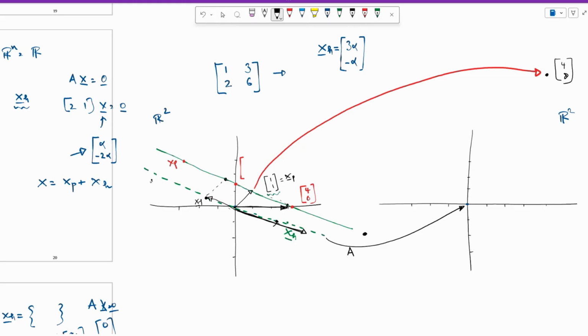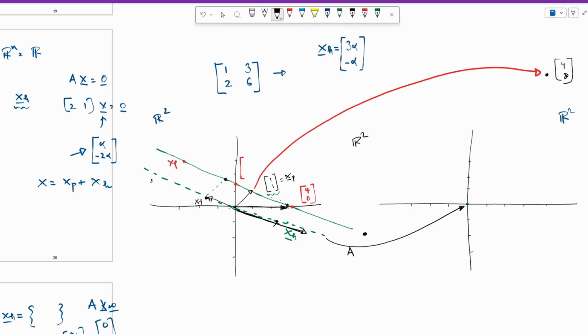The moment you add your homogeneous solution, you'll essentially get that solid green line. I hope that clarifies how linear transformations work. We've chosen to display everything in R2 because you can visualize it easily on a sheet of paper. The ideas apply to R3 as well.